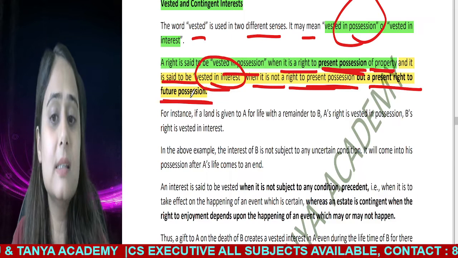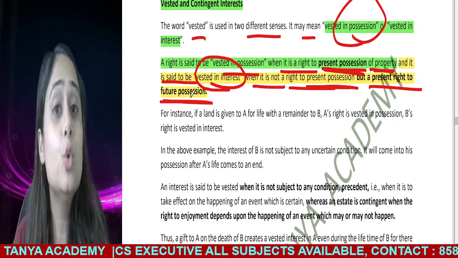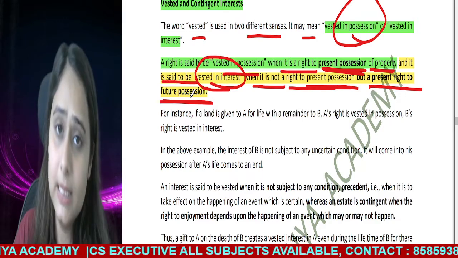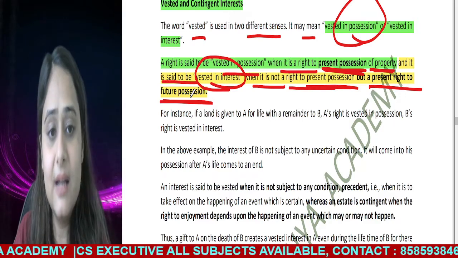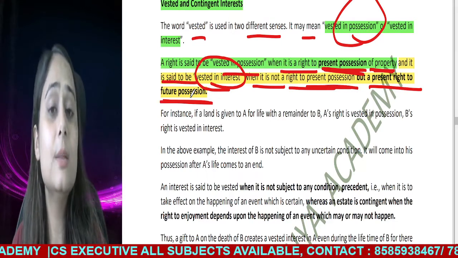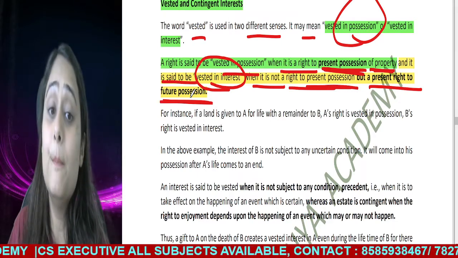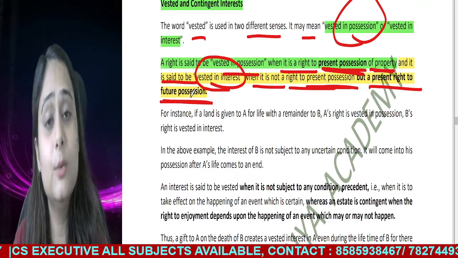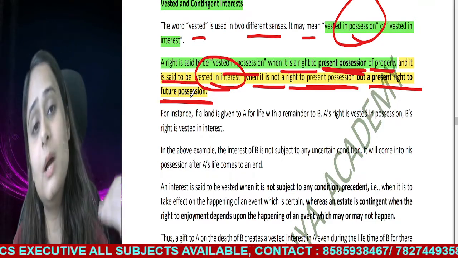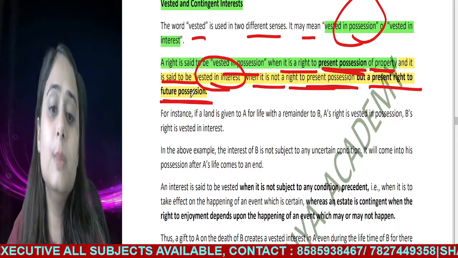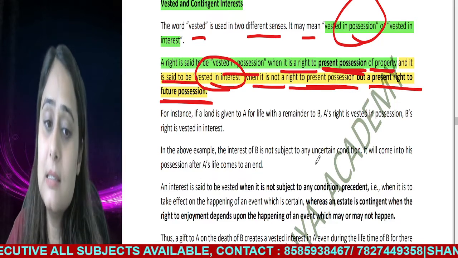Correct? For instance, if a land is given to A for life with a remainder to B, correct? So A's right is vested in possession because he is getting the possession immediately. But to B it is vested in interest. It will transfer to B at a future date. In the above example, the interest of B is not subject to any uncertain condition.